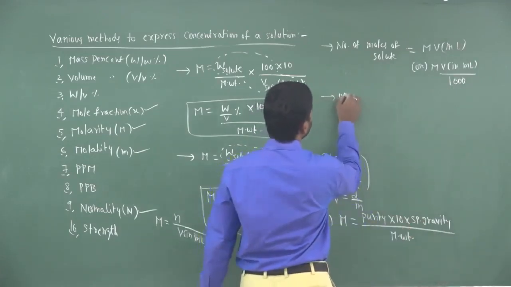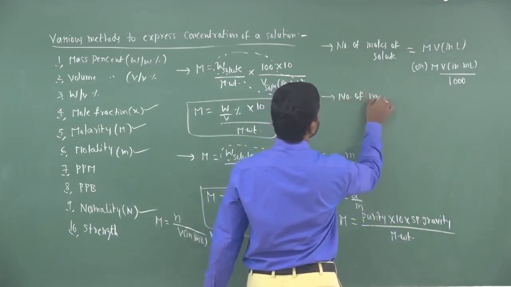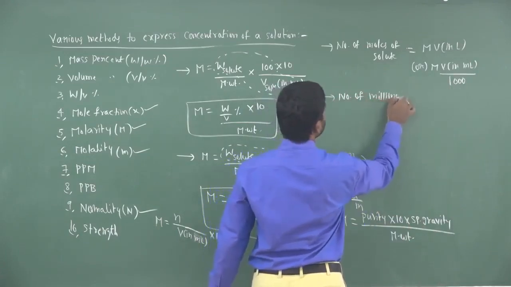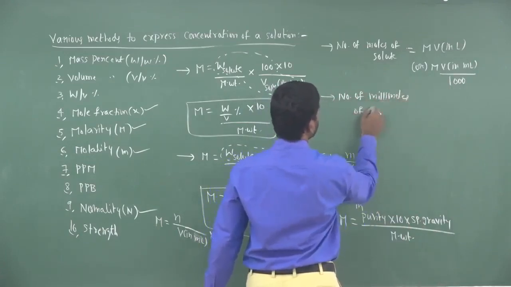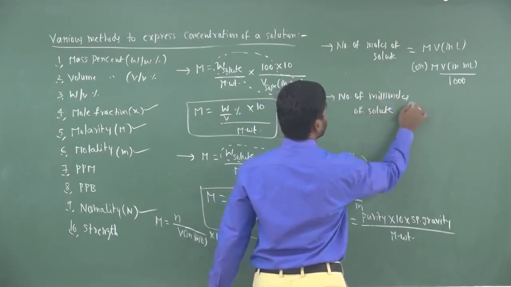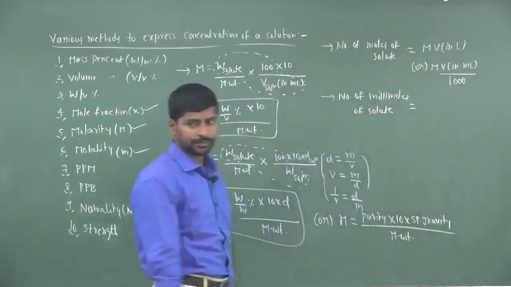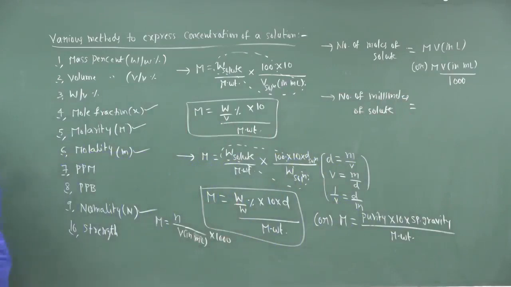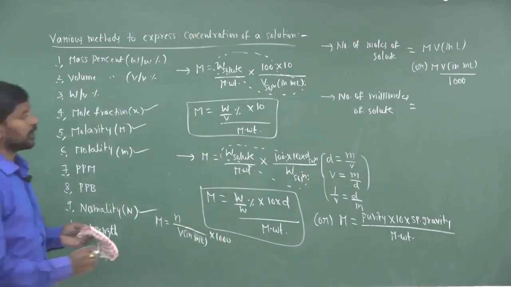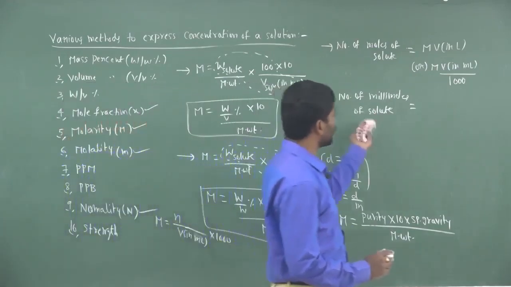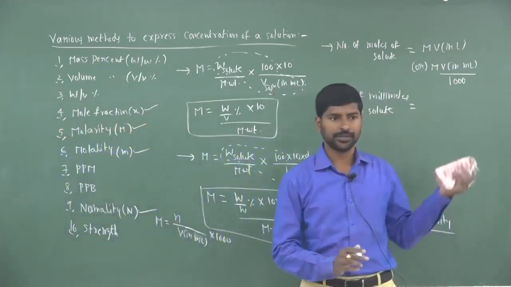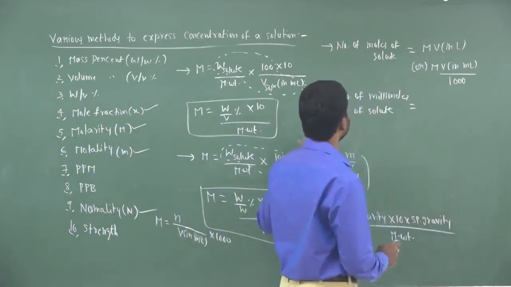Next one, number of millimoles of solute. In the JEE syllabus we have acids and bases and ionic equilibrium also, and there this concept of number of moles and number of millimoles is useful.